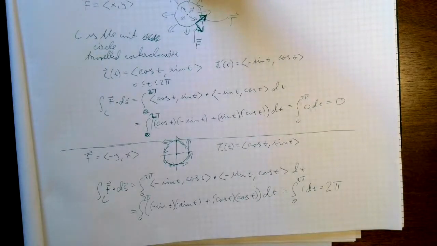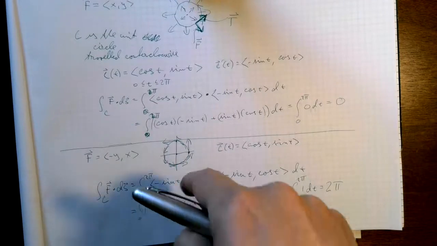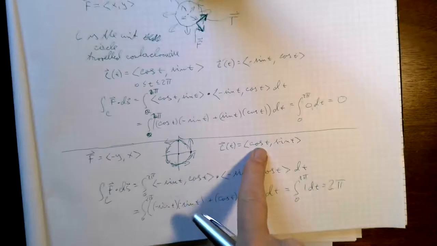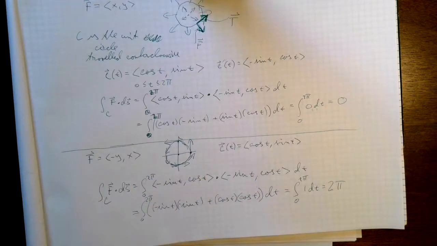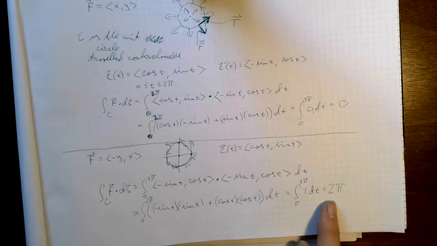Now, if f was pointing in the opposite direction, or if we changed the orientation of the circle, if we traveled counterclockwise rather than clockwise, if they were working against each other, then we would get minus 2 pi.